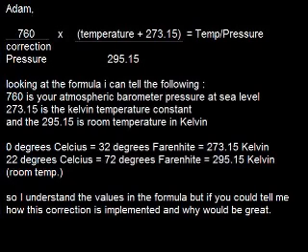Looking at the formula, I can tell the following. 760 is your atmospheric barometric pressure at sea level. 273.15 is the Kelvin temperature constant, and 295.15 is room temperature in Kelvin. 0 degrees Celsius equals 32 degrees Fahrenheit equals 273.15 Kelvin. 22 degrees Celsius equals 72 degrees Fahrenheit equals 295.15 Kelvin, room temperature. So I understand the values in the formula, but if you could tell me how this correction is implemented and why, would be great. Thanks.